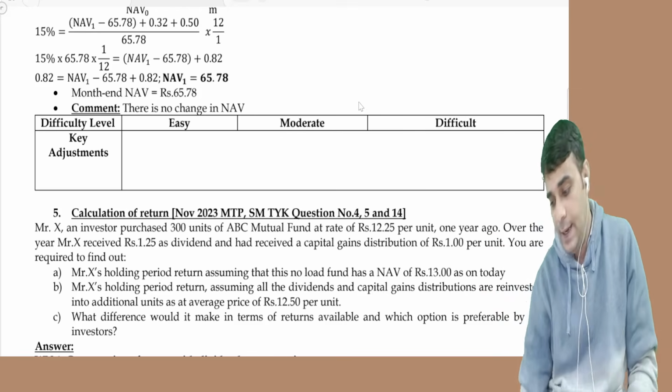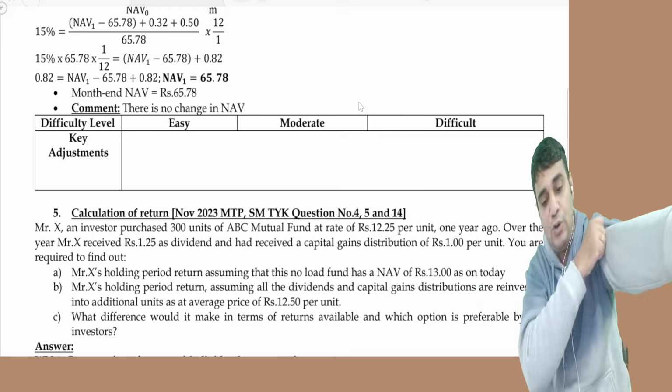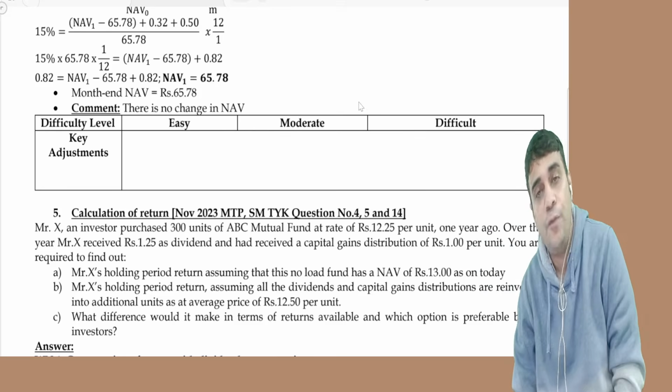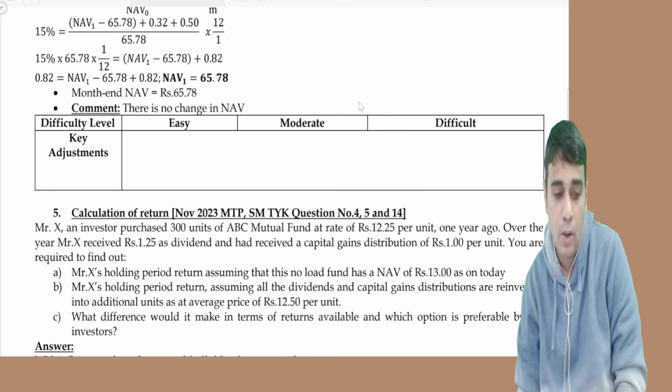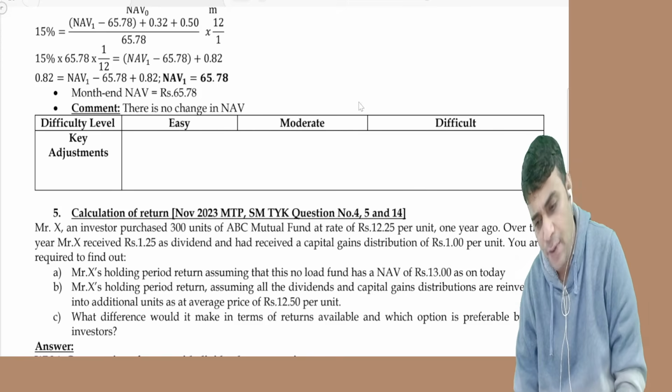Mr. X, an investor, purchased 300 units of ABC mutual fund at the rate of 12.25 per unit 1 year ago. Over the year, X received 1.25 as dividend, capital gain of 1 rupee.